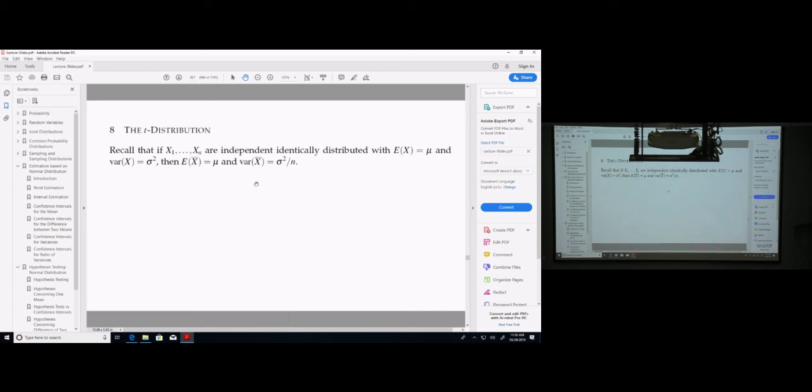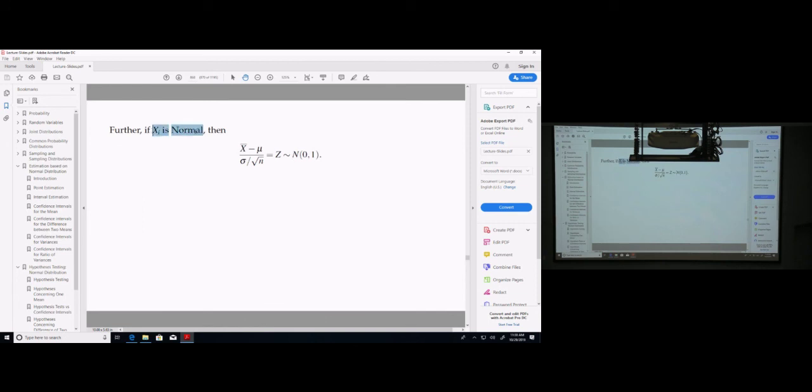Let X1 to Xn be independently identically distributed with mean mu and variance sigma squared. As a result, from the previous result, there are quite a number of things that you need to recall. If the Xi's are normal, which we only need here because we want this conclusion, then the standardization of the sample mean will be a standard normal.